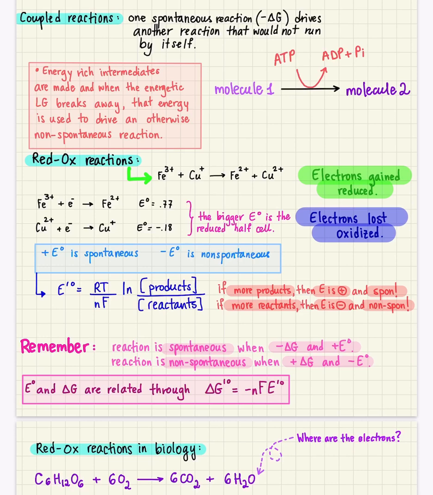And in most cases, this energy is let out when a good leaving group breaks away from the molecule. So if you have a molecule and on it you have a good leaving group, when this bond is broken and the leaving group leaves, then this energy is used to drive a non-spontaneous reaction. And we will get to this concept more and more as we go through the quarter.